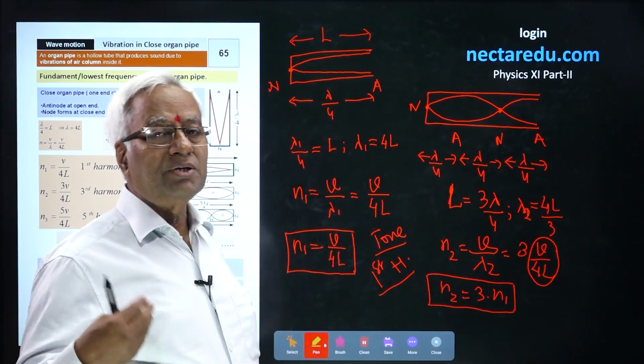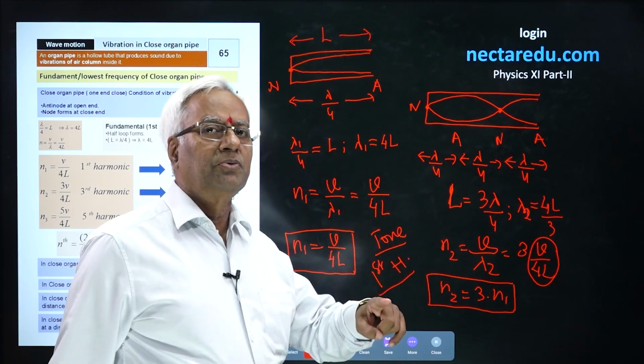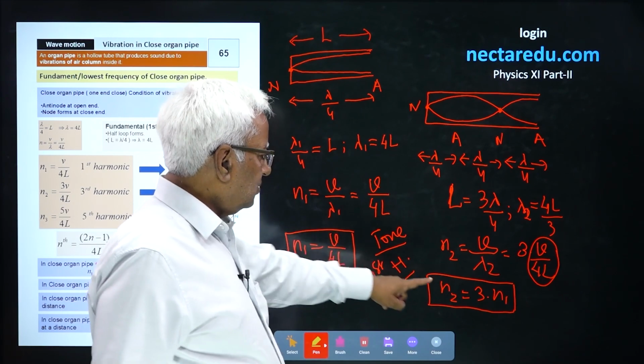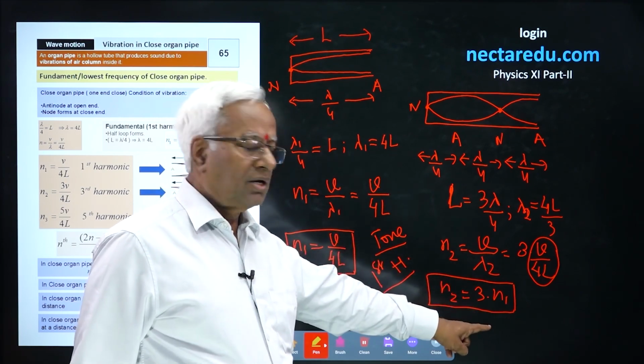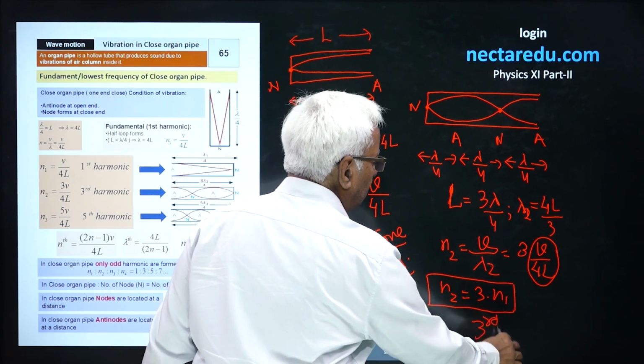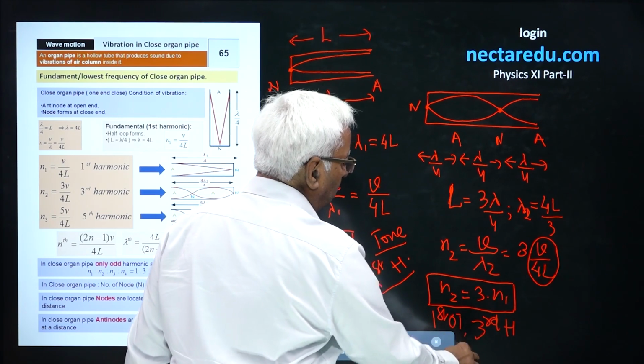Since it is higher than the previous one, this will now be termed as overtone. It is the first overtone. As it is 3 times the first harmonic, we will call it third harmonic. Third harmonic and first overtone.